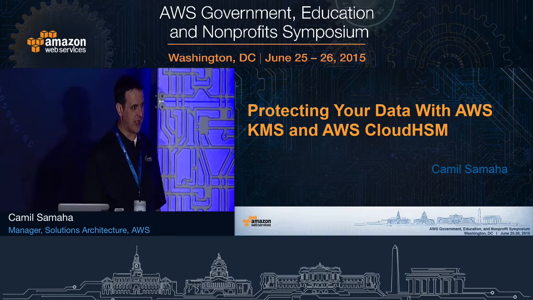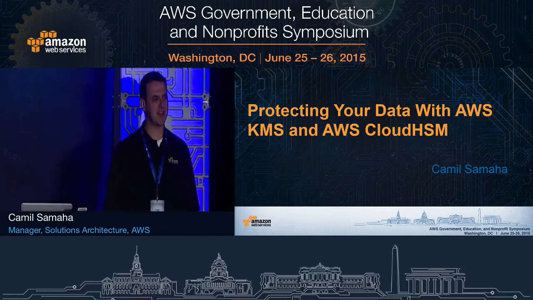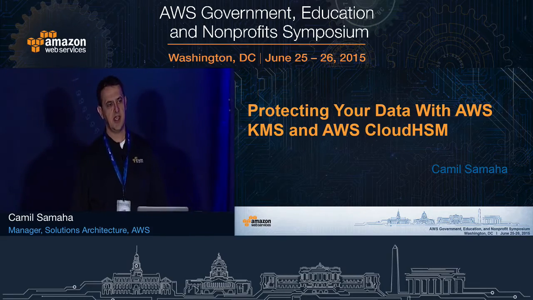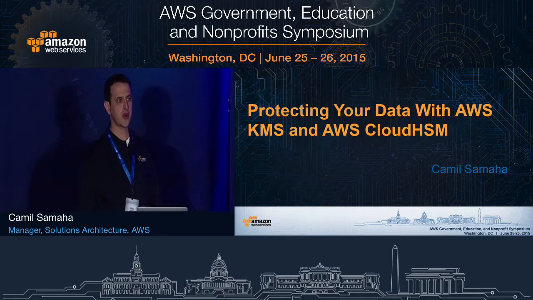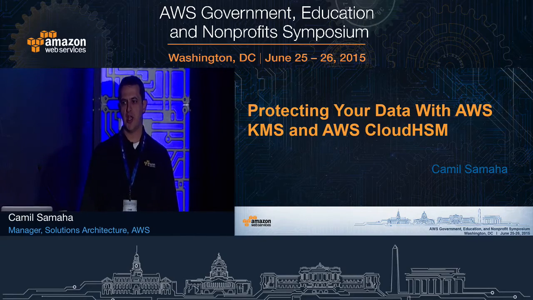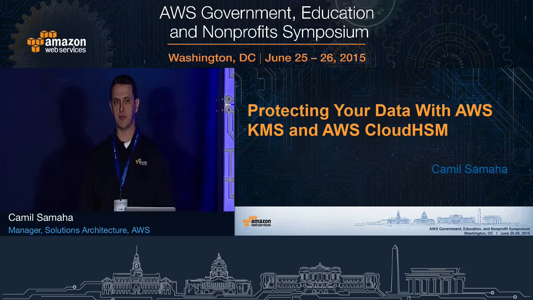At a high level, I'm going to talk about client-side encryption, and by client-side is not necessarily the physical location. It's actually when you do encryption in your code, in your application, and whether you leverage AWS services to help you with the key management, or you do the key management completely on your own.